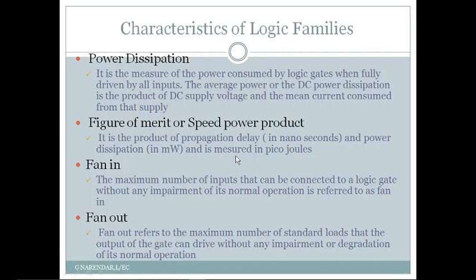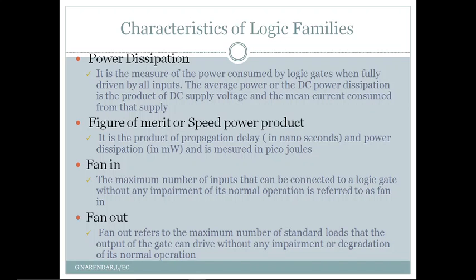So these are all the characteristics that we have seen so far, and all these characteristics of the logic family are very important, and they are used to compare the logic gates between the various families. In one form of circuit, one characteristic will be given importance.